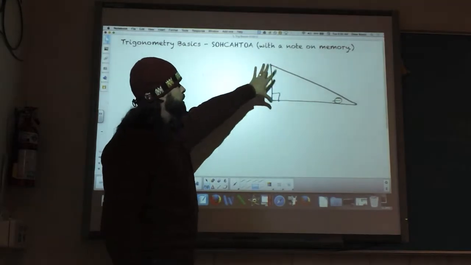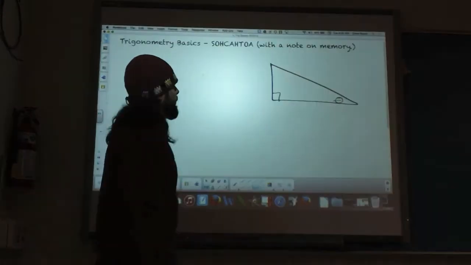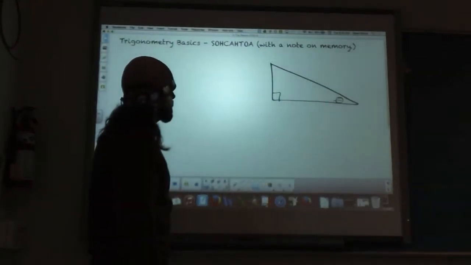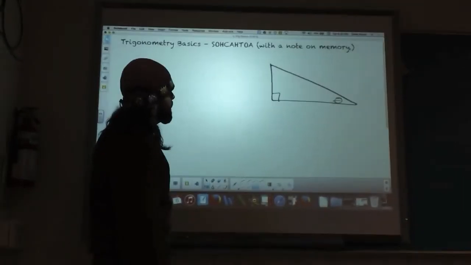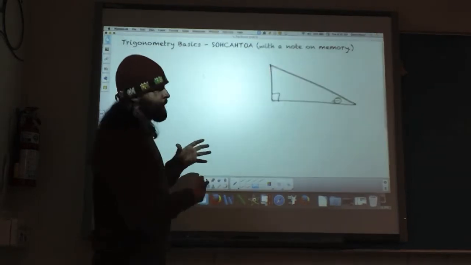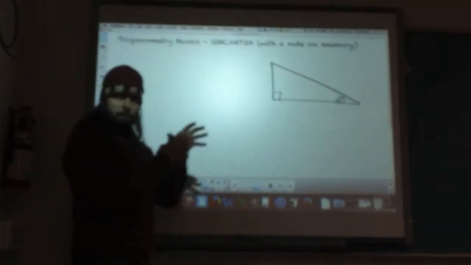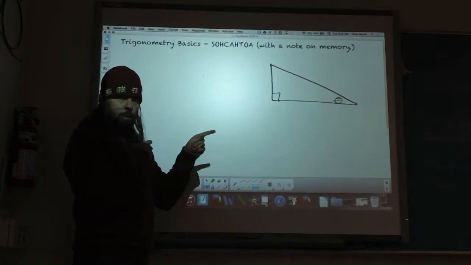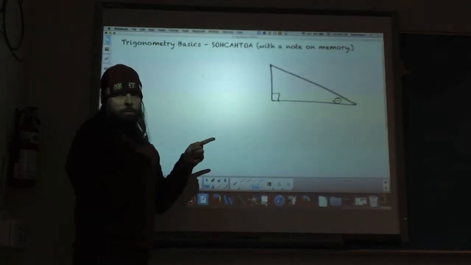If I made that angle smaller, then this side would shrink. And the thing about trig is a part of math where what we're looking at is that the ratios of the sides of the triangles depends on how big that angle is.